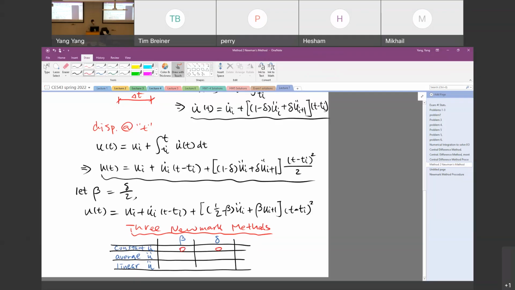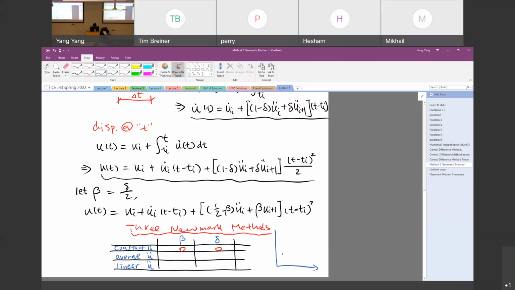That means we assume the acceleration between time i and time i plus 1 is constant. There is no difference in the accelerations within the time step that you have already selected. Within the time delta t, the acceleration is a constant number.